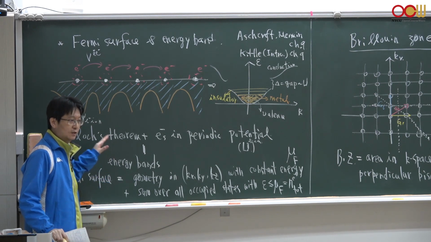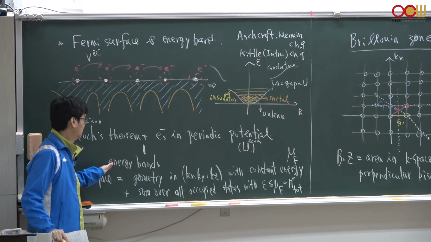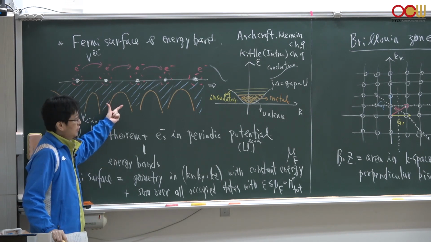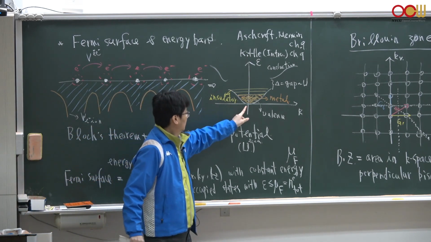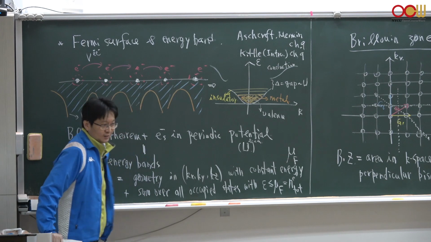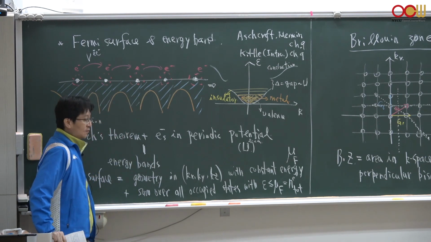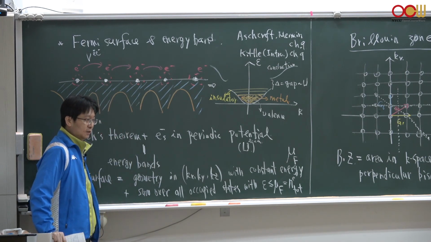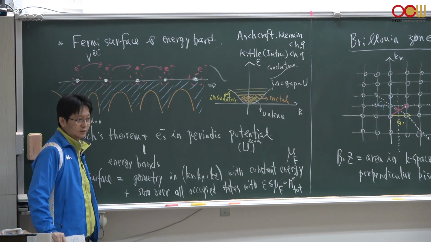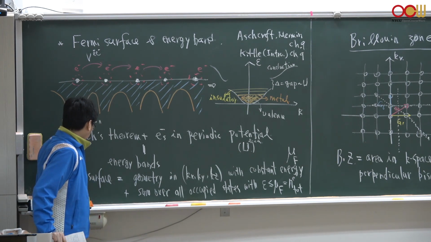And this is something that we will review. So this cartoon picture will lead to that profound consequence in solid state, and that is something that I hope you will gain more understanding of from this lecture.